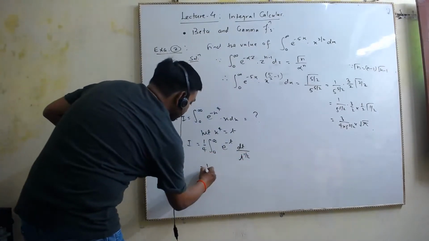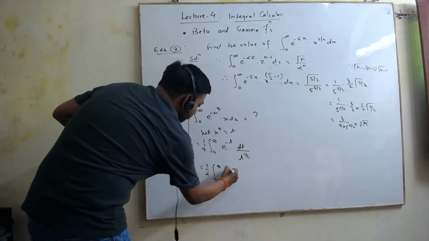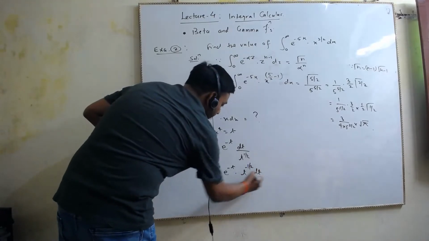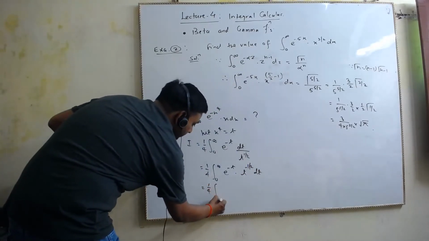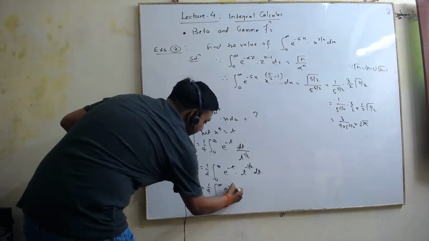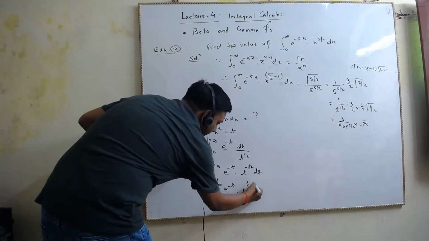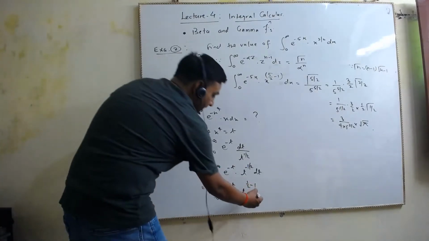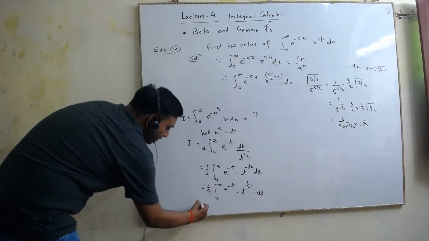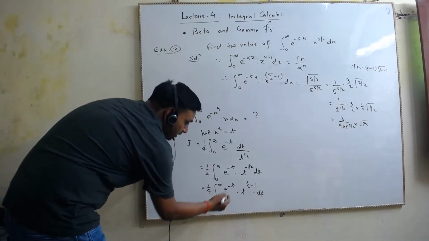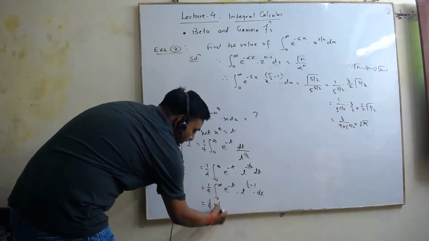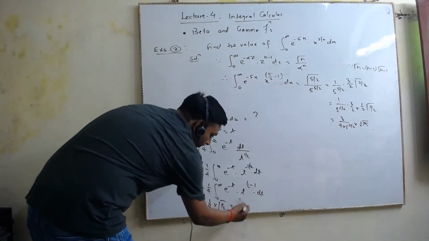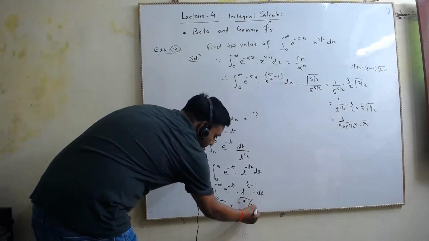So what it is, 1 by 4 times the integral from 0 to infinity of e raised to the power minus t, t power minus 1 by 2 dt. This can be further managed to t power 1 by 2 minus 1 dt. So you will have 1 upon 4, and the value of n is 1 by 2, gamma 1 by 2. So this is 1 upon 4 gamma 1 by 2, whose value is square root of pi.